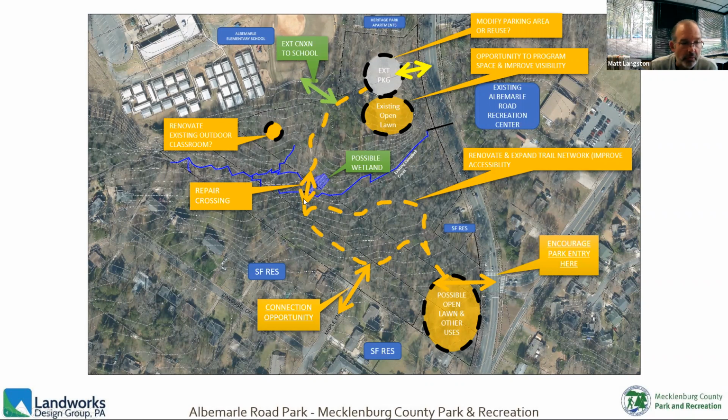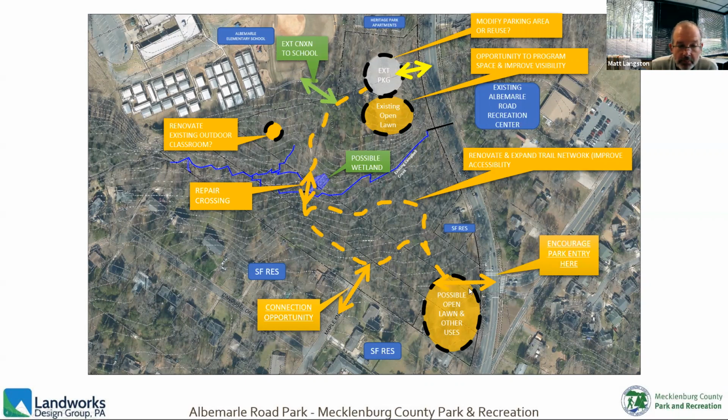As I mentioned before, the stream crossing needs to be repaired. I think the trail network needs to be expanded. We've had conversations about paving some of it to provide better accessibility, and you can also expand it with unpaved spurs, giving more opportunities for people to enjoy the space.